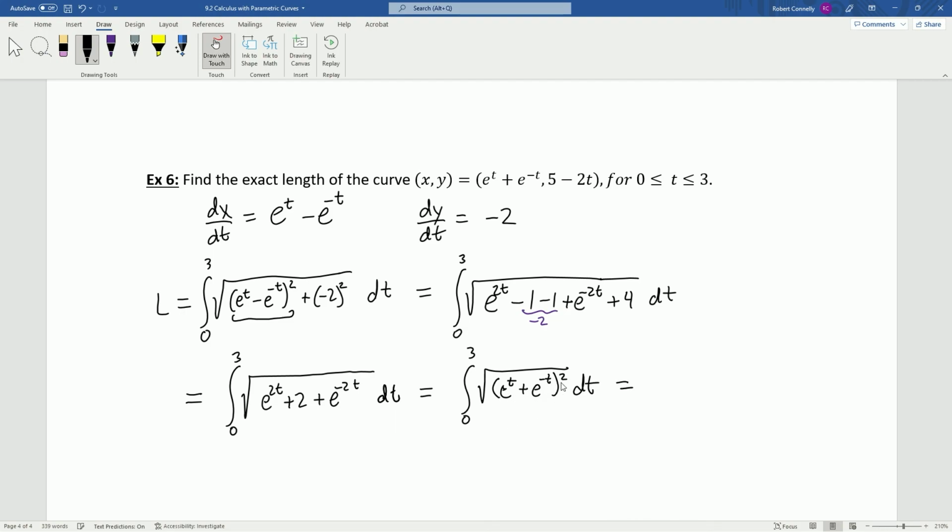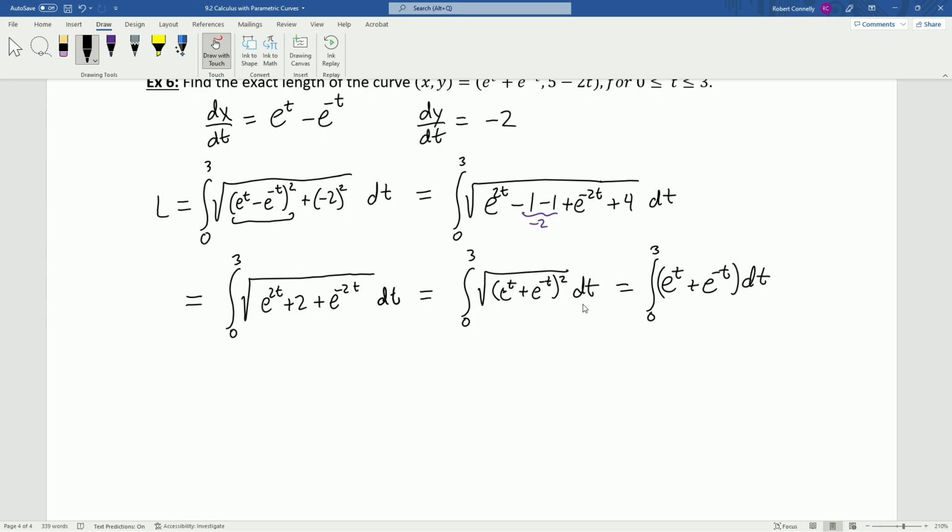And since this is something squared and you're taking the square root, we just get the integral from 0 to 3 of e to the t plus e to the negative t. And for some reason I wrote that bound down wrong. Let's change that. That should be from 0 to 3. There we go.